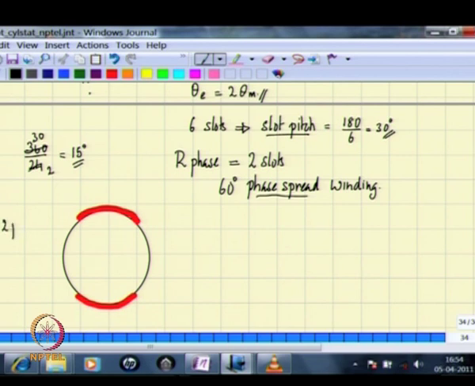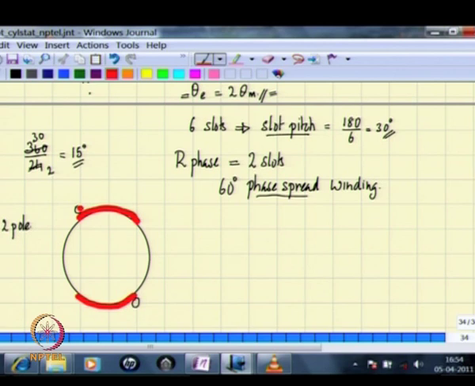This is a 2-pole structure, which means that electrical angle is equal to mechanical angle, and therefore if you have one coil side starting here, the other side of that coil would lie 180 degrees away, assuming it is a full pitched coil. So all this belt, the belt that is shown here, will be one set of coil sides. The return conductors of all these coils are going to lie at this point.